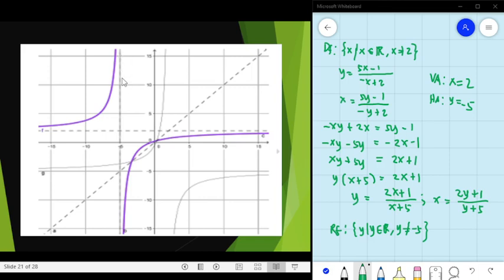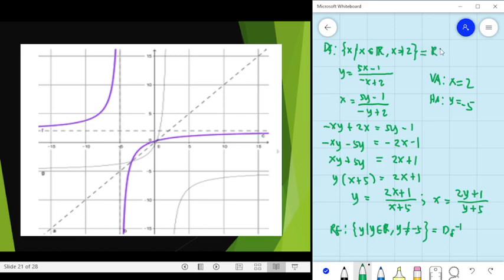And the horizontal asymptote of the inverse is y equals 2. The domain of the original is equal to the range of the inverse, and the range of the original is equal to the domain of the inverse. So they are interchanged.